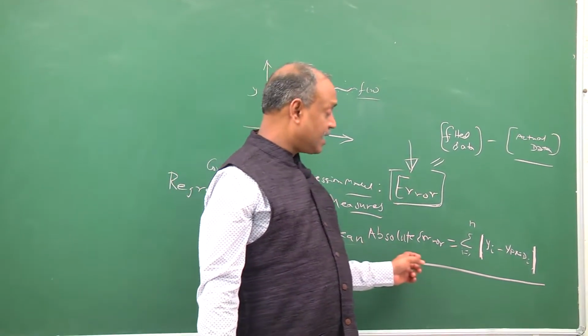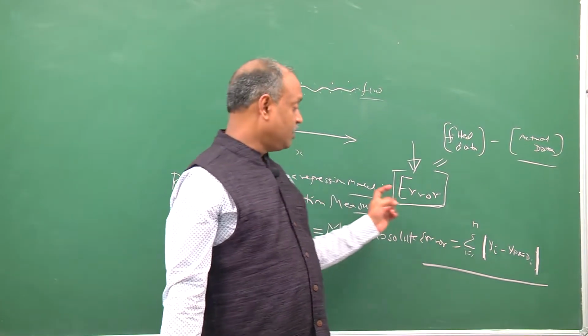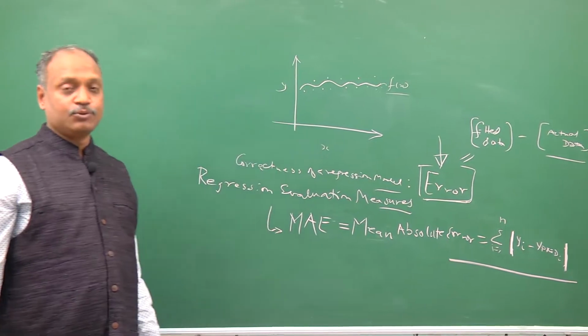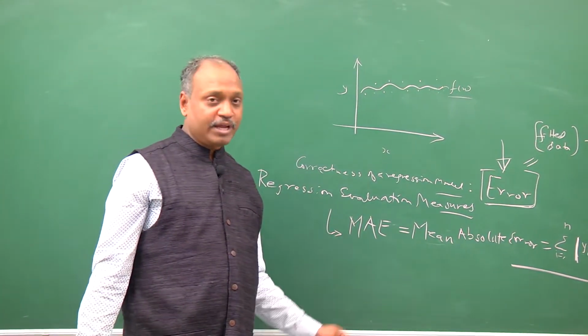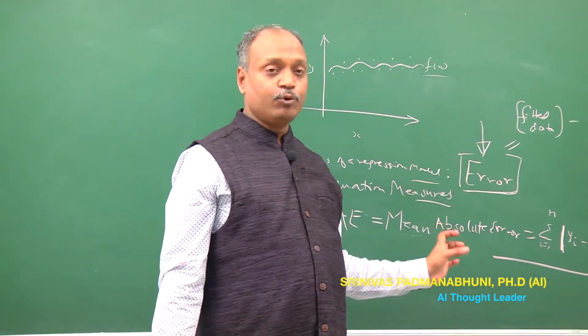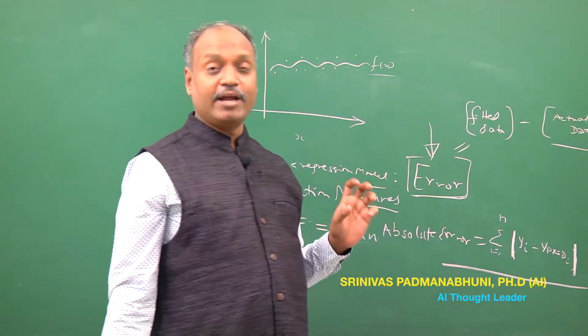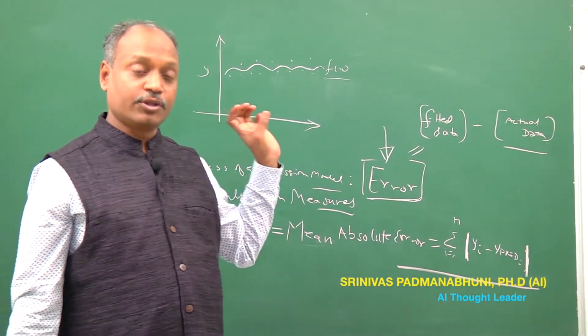You sum the absolute gap over all the input samples, and that gives you the total error as depicted by your fitted function or the regressor.